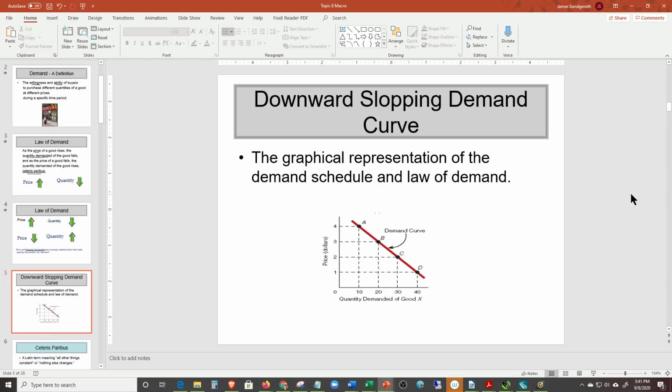So here's a representative graph of the law of demand. And basically, we put the price of the good right here on the vertical axis and the quantity demanded of the good on the horizontal axis. And I guess I should say, even if we drew this the other way around with price down here and quantity here, it would be inversely related.